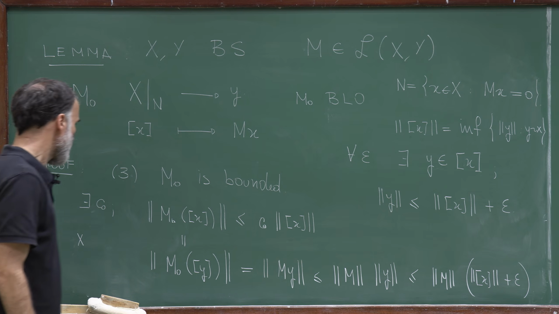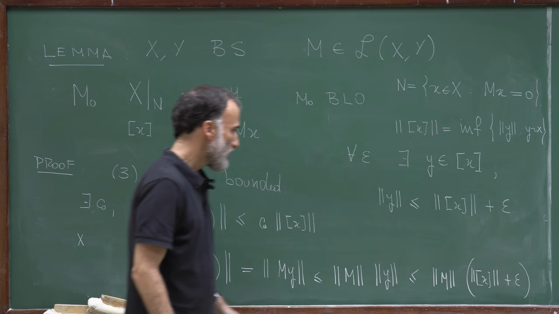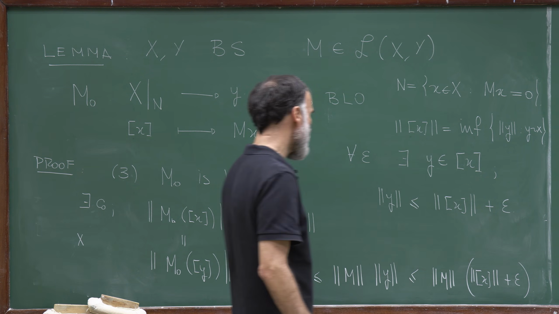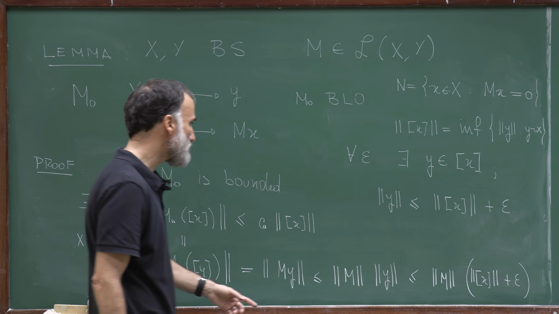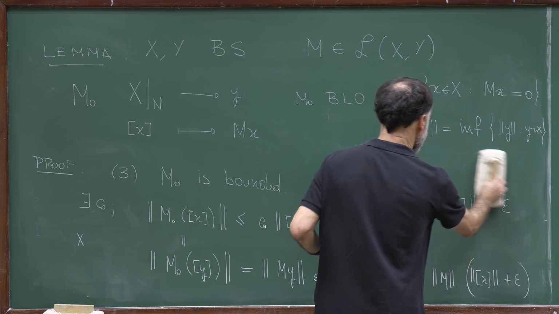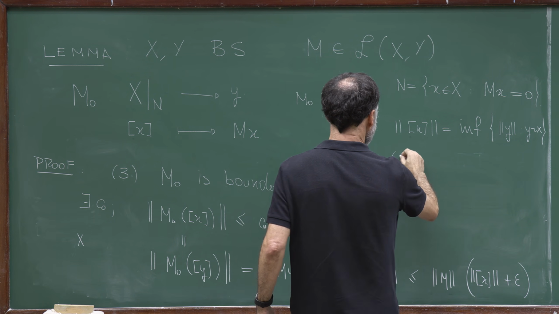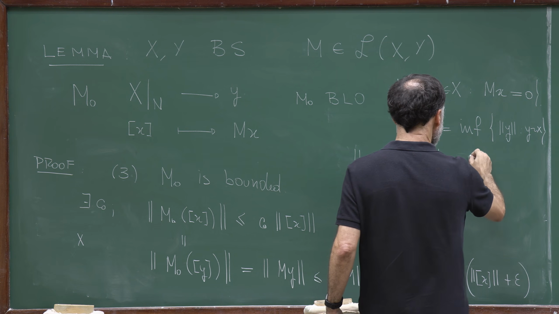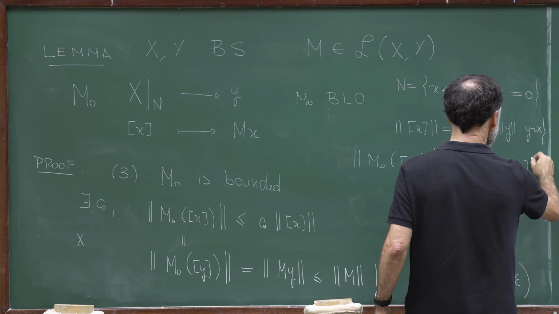So we proved that the norm of M0 of the equivalence class of x is bounded by the norm of M times the norm of the equivalence class of x plus epsilon. And since this is true for all epsilon, I can send epsilon to 0 to get that the norm of M0 applied to the equivalence class of x is bounded by the norm of M times the norm of the equivalence class of x.